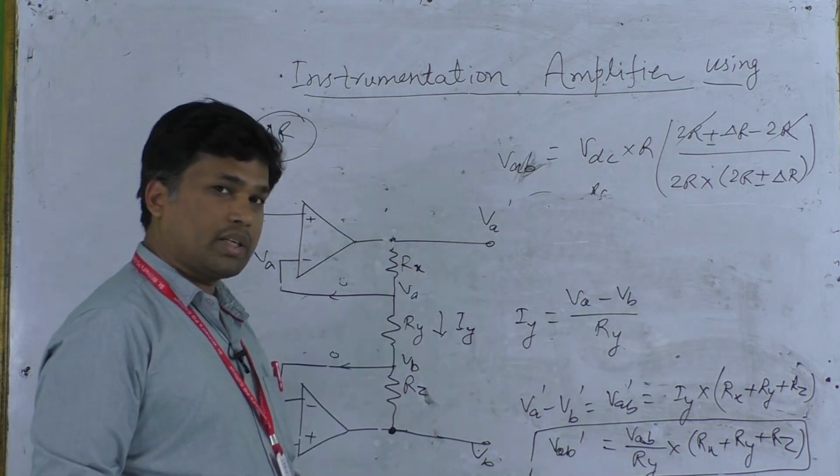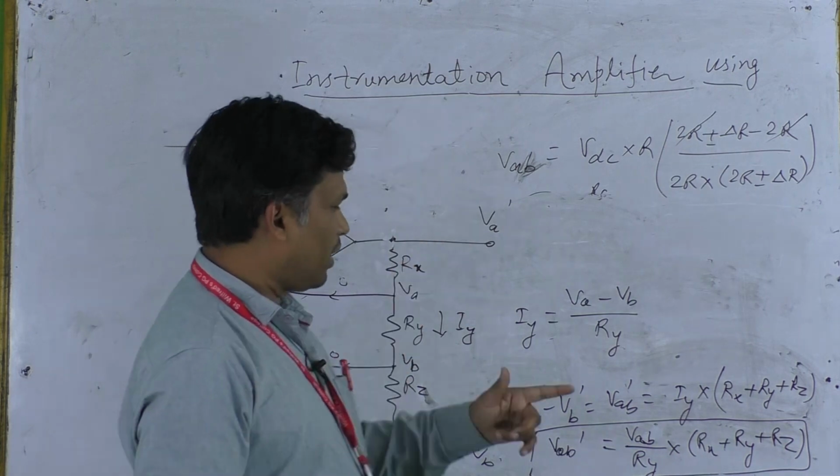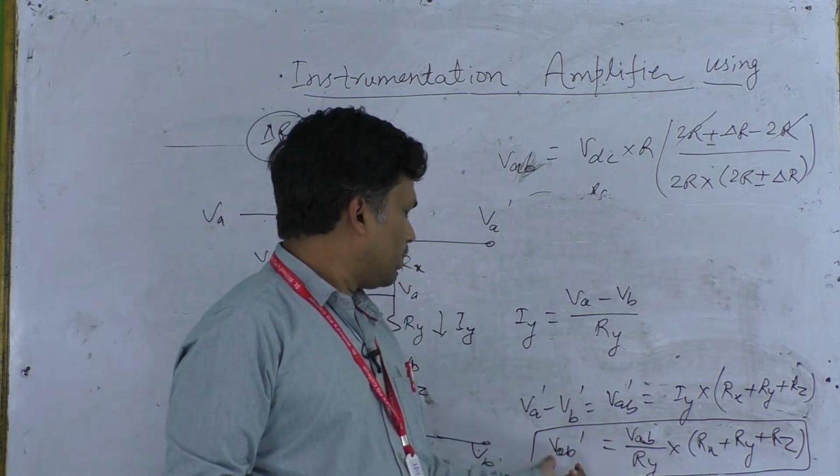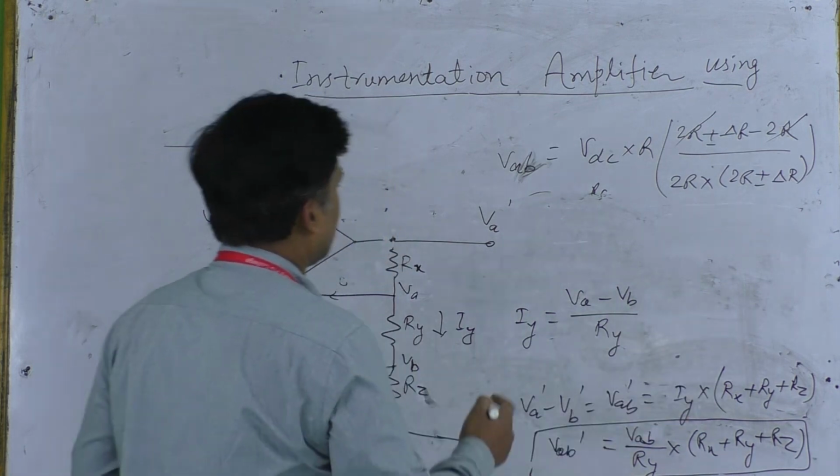If the gain of the second stage of the operational amplifier remains 1, the final gain will be this one.